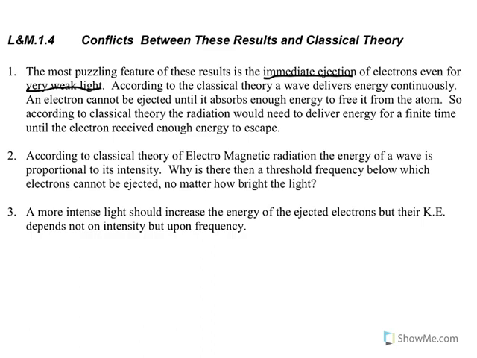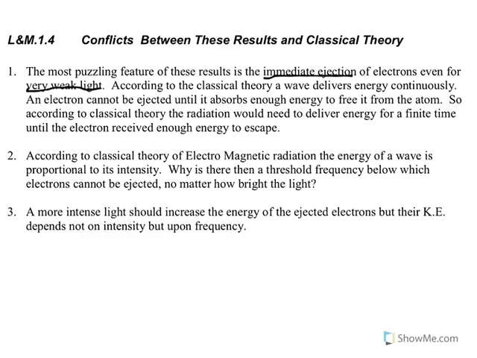According to classical theory, it would take time for that to happen. The electron would be a while till it got enough energy, rather than being ejected almost immediately. The second one was the electromagnetic radiation. The energy of a wave is proportional to its intensity.